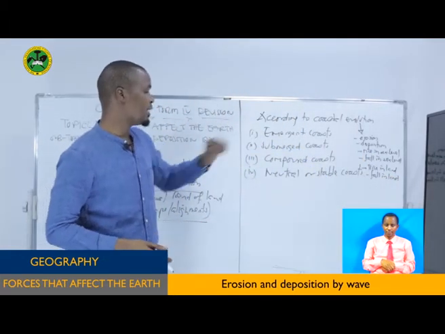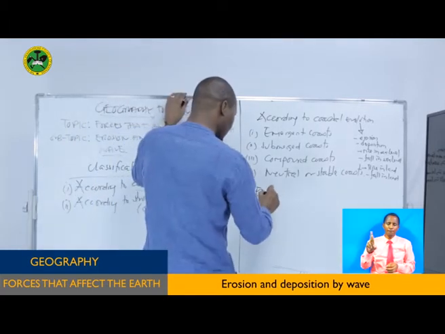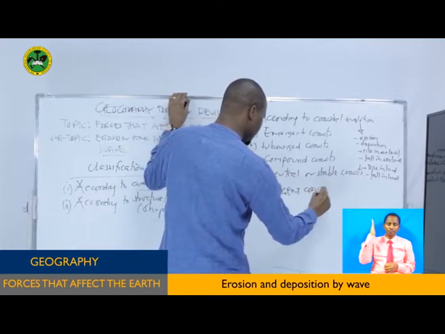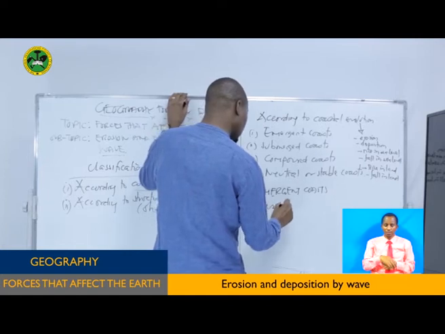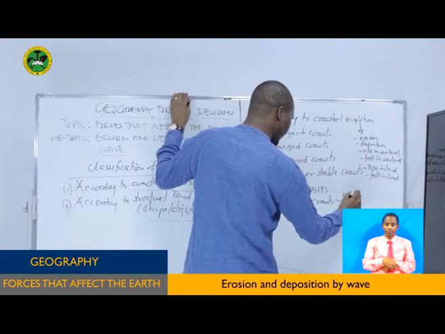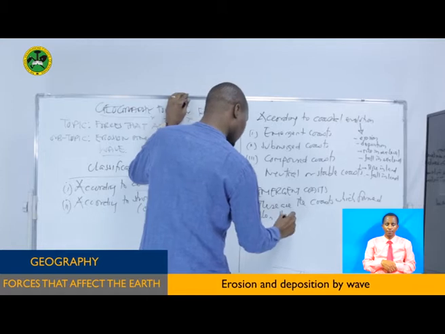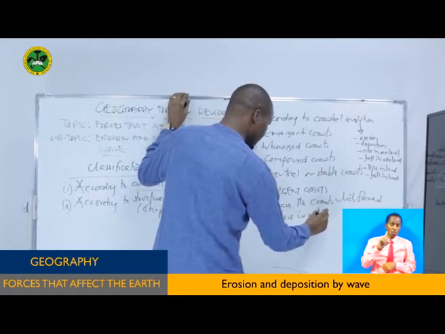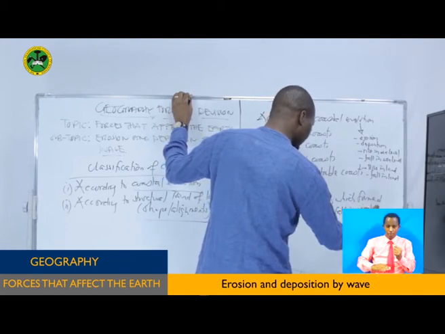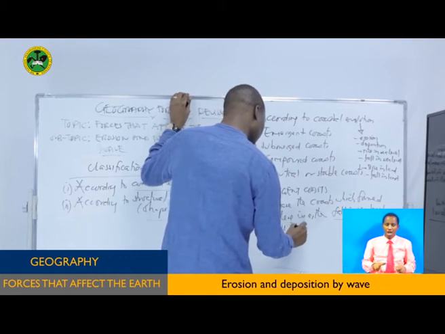So starting with the emergent coast, we say this is a coast which formed when there is either fall in sea level or rise in land.